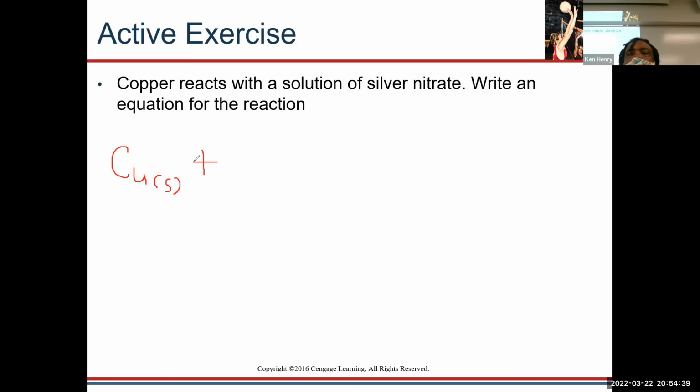And then silver nitrate, AgNO3. Is that going to be solid, liquid, gas, or aqueous? How do I know it's aqueous? Because it's a solution, right? That's how I know it's aqueous.